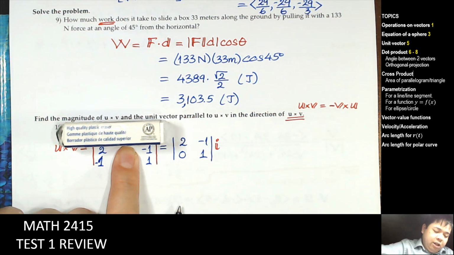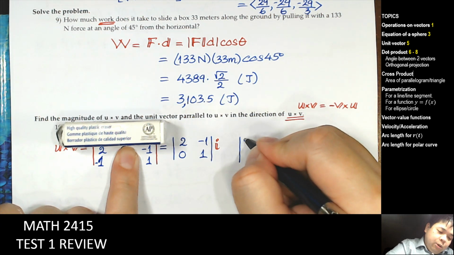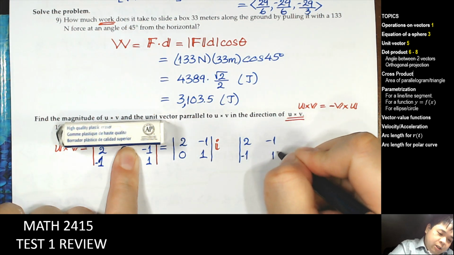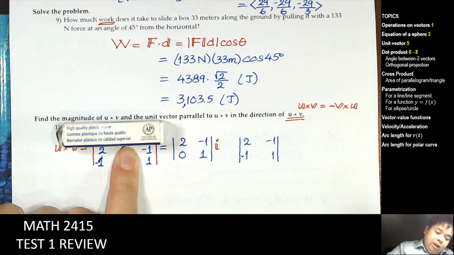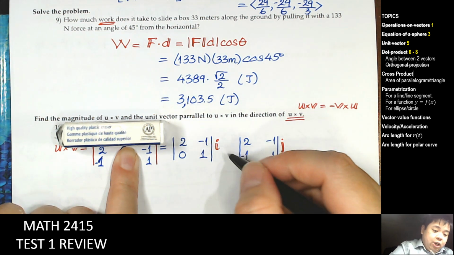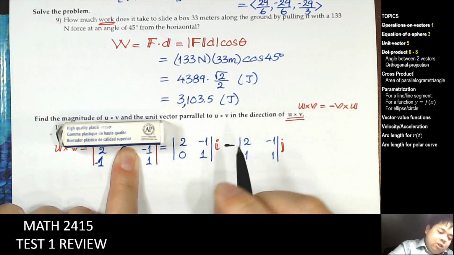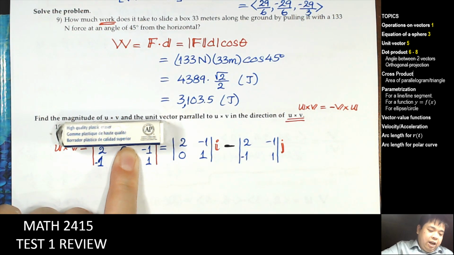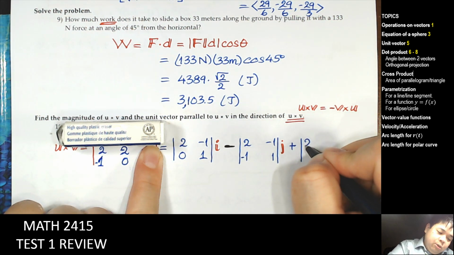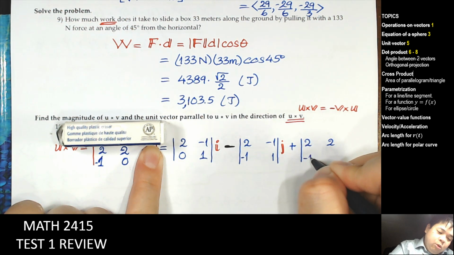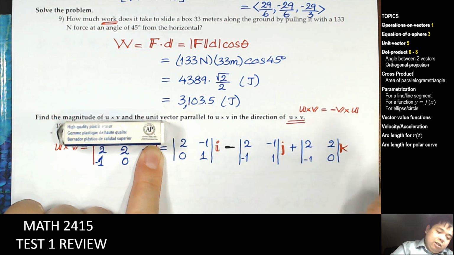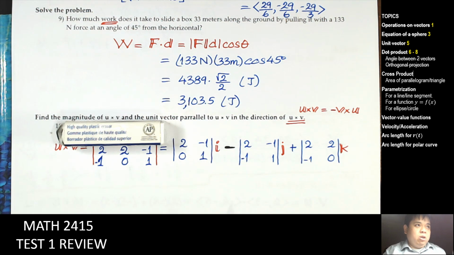For j, we have 2, -1, -1, and 1. It's very crucial that in the j direction it is going to be minus, so it's plus, minus, and plus. And for k, we have 2, 2, -1, and 0. That's how we evaluate a 3 by 3 determinant.